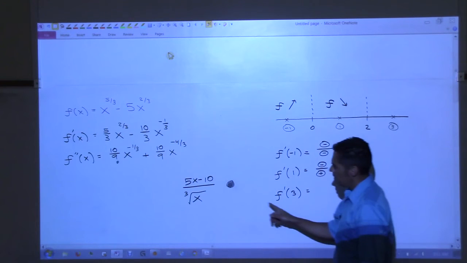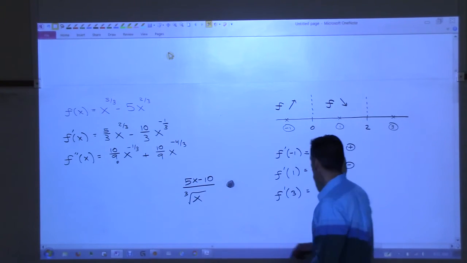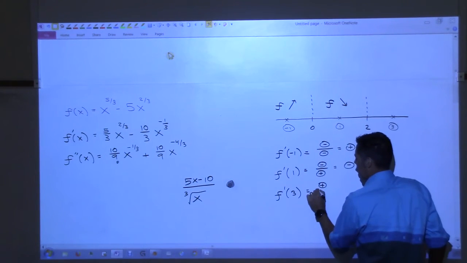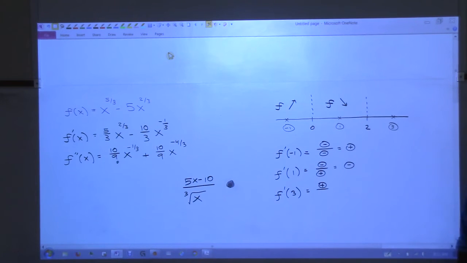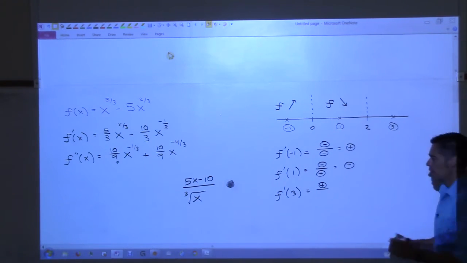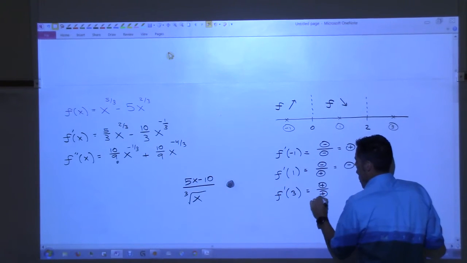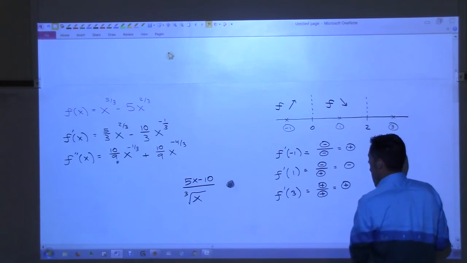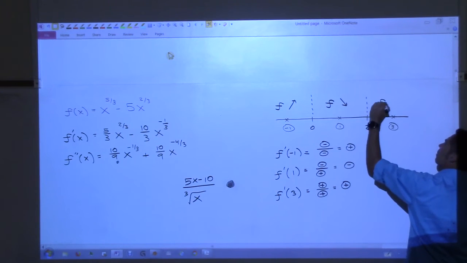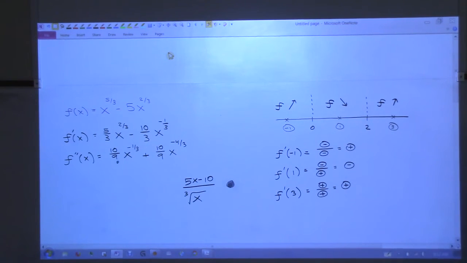Let's see, 3 in here, I get 15 minus 10, I get a positive on top. And then the cube root of 3 is a positive number. That's all I care about, right? Cube root of 3 is a positive number. I don't necessarily need to know its value. So my function goes up, then down, then up.